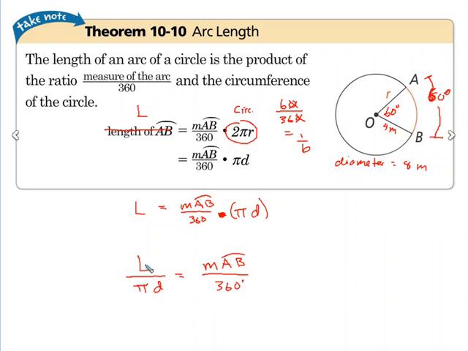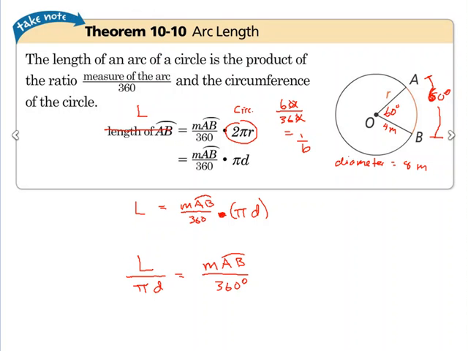We've practiced a lot of problems where we solve proportions and cross multiply, and I like to solve this problem this way too. The thing I'm trying to find in all the examples is the length of the arc. Pi times diameter represents the circumference. And over here we have the fraction made up of the central angle, or the arc measure, divided by the total number of degrees in a whole circle, which is 360.